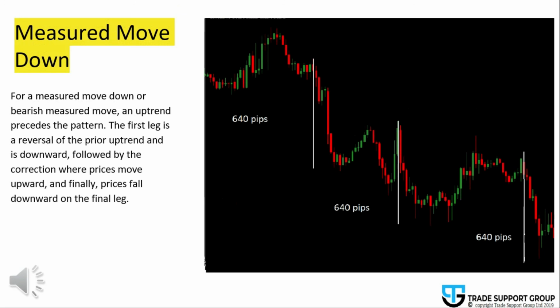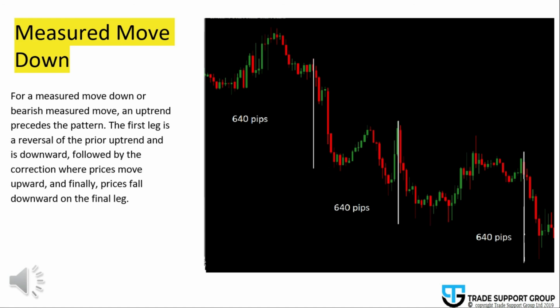The measured move down is exactly the opposite of the measured move up. In this bearish move down, you can see three separate measured moves, all of equal distance. Notice that during this bearish move, we have slight upticks and corrections, and then the continuation down. Each high and each low for each measured move is 640 pips.